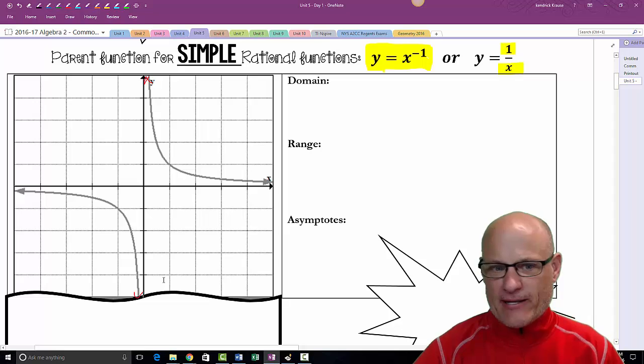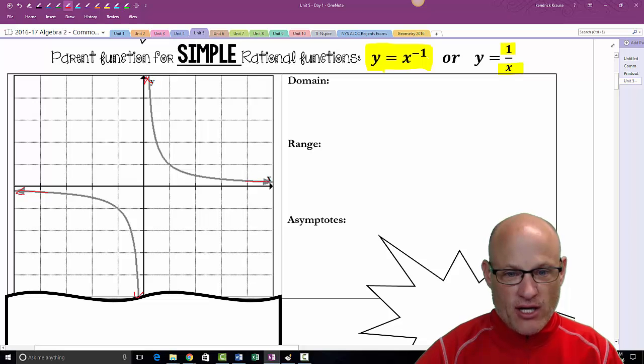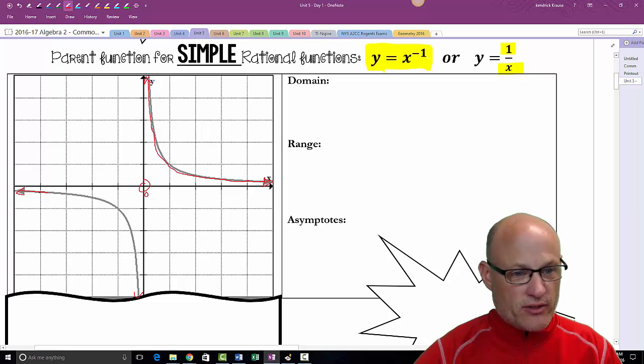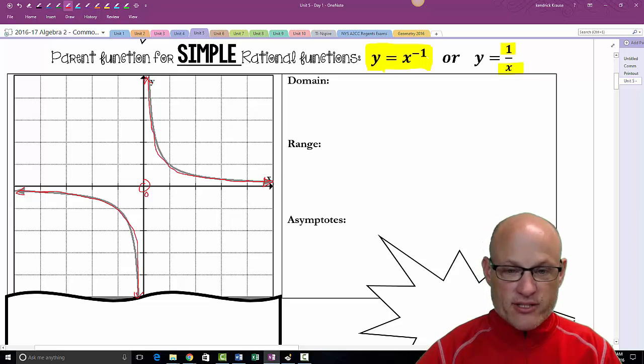Well, let's think about what the domain is. It looks like it goes forever and ever to the left. It looks like it goes forever and ever to the right. But as I come towards the middle, it looks like it's getting closer and closer to the origin, which is 0, but it doesn't ever look like it's going to make it. And then as I come from the right over here, I get closer and closer and closer, it looks like I'm getting closer to 0 as well, but I never touch it.